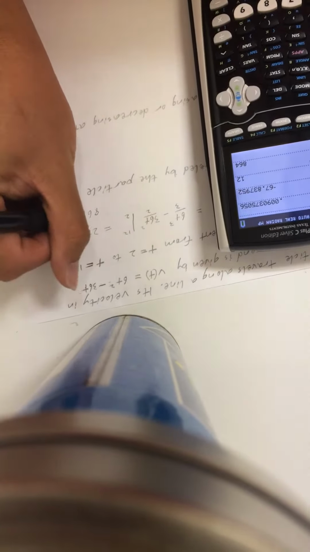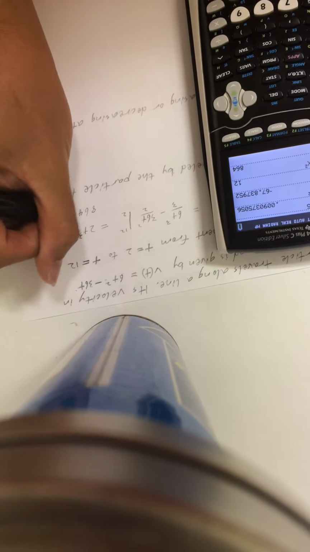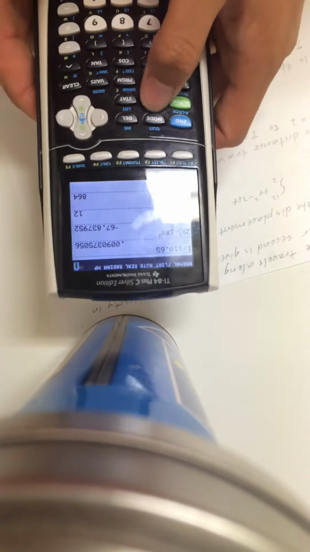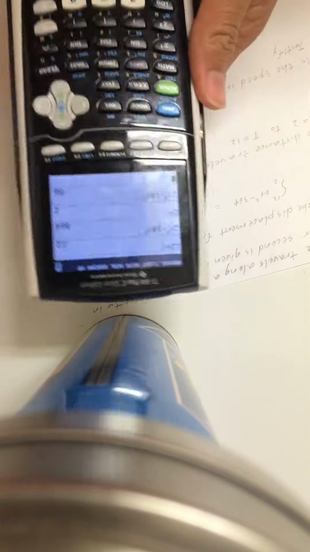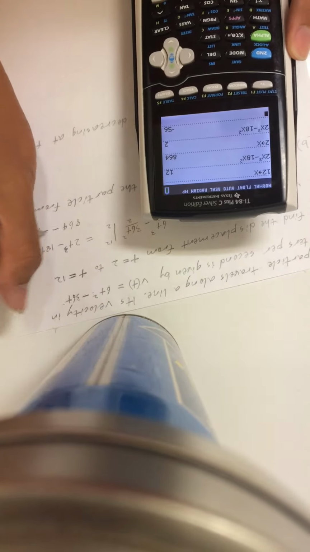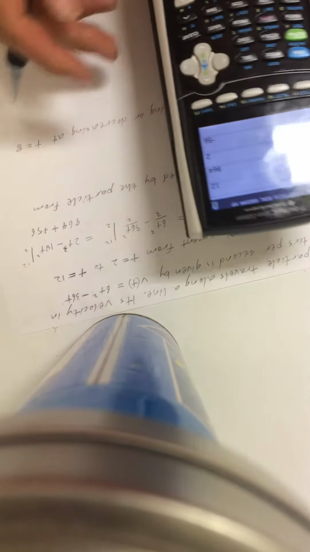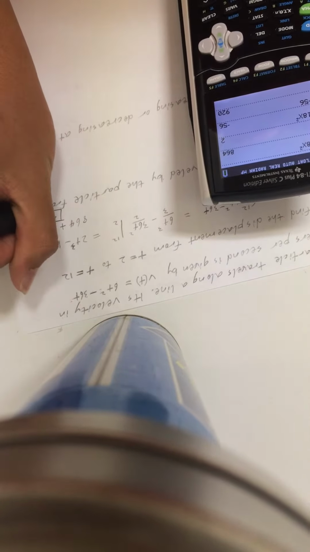So 864 minus the bottom, which 2 would be x now, and the function would give me negative 56, and this would be plus, so 864 plus 56 would be 920, so that would be the answer for the first one.